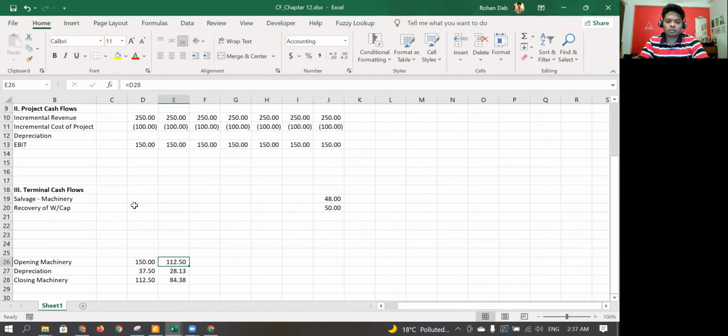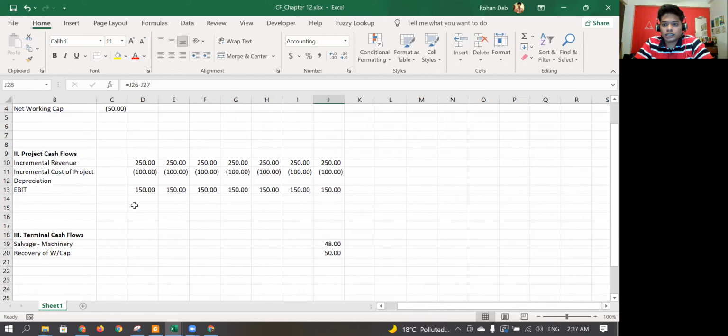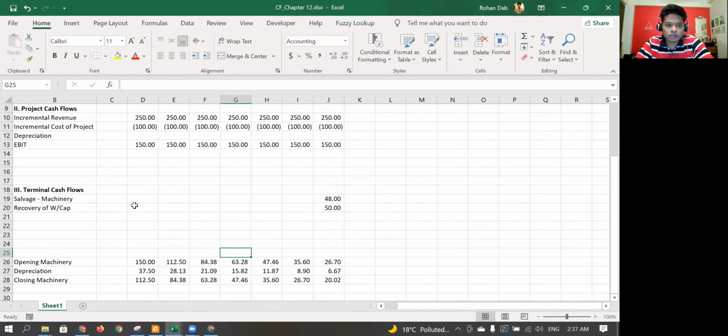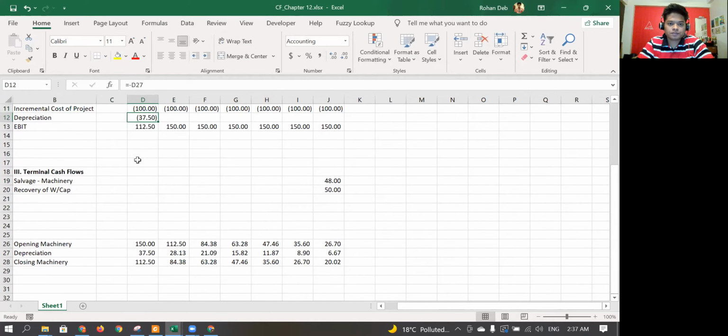And I Control R. Now you can just drag this to the right. So that is your depreciation calculation as per the WDV method. Make sure you read the question properly. Now for depreciation, you can directly use this one, equal to minus this. Whenever there is confusion, you can use a working note, so that way it will be a lot clearer.